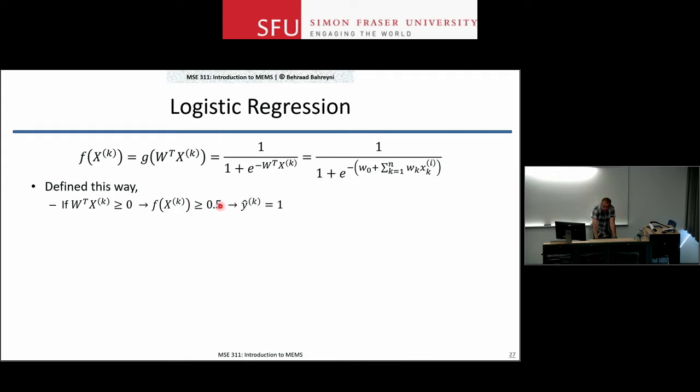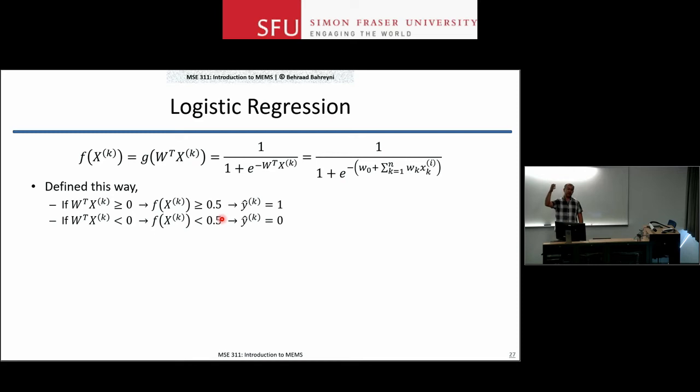So I get a number that is larger than 0.5, and I think about it as a probability higher than 50% for the data point to belong to that class, and identify it as a member of that class. Or if w transpose x is less than 0, basically I'm falling below that line that separates the two classes from each other, then f of x_k is going to be less than 0.5.